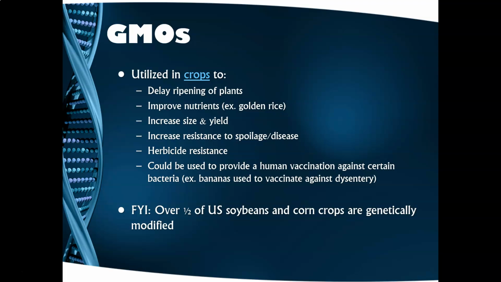And so being able to make those work is an interesting byproduct of some of these GMOs. Personally, I'd much rather eat a banana than have to get a shot. So if we can figure that out, I'm sure that would be something that lots of people would be interested in if we can make it work for more things. This is just a particular example that has been used thus far.